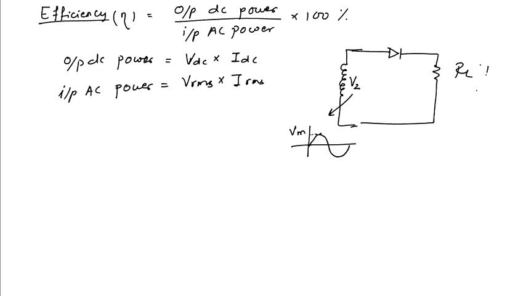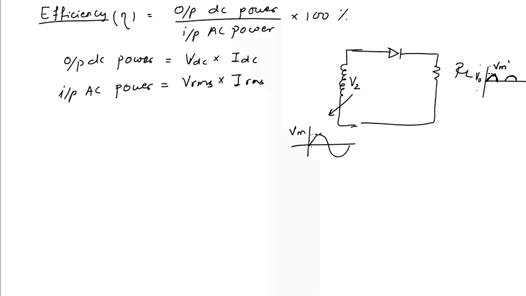For this output voltage V0, the waveform is like this. Voltage is obtained for only half cycle, and for this the voltage is Vm dash. Suppose it is Vm dash, maximum voltage.